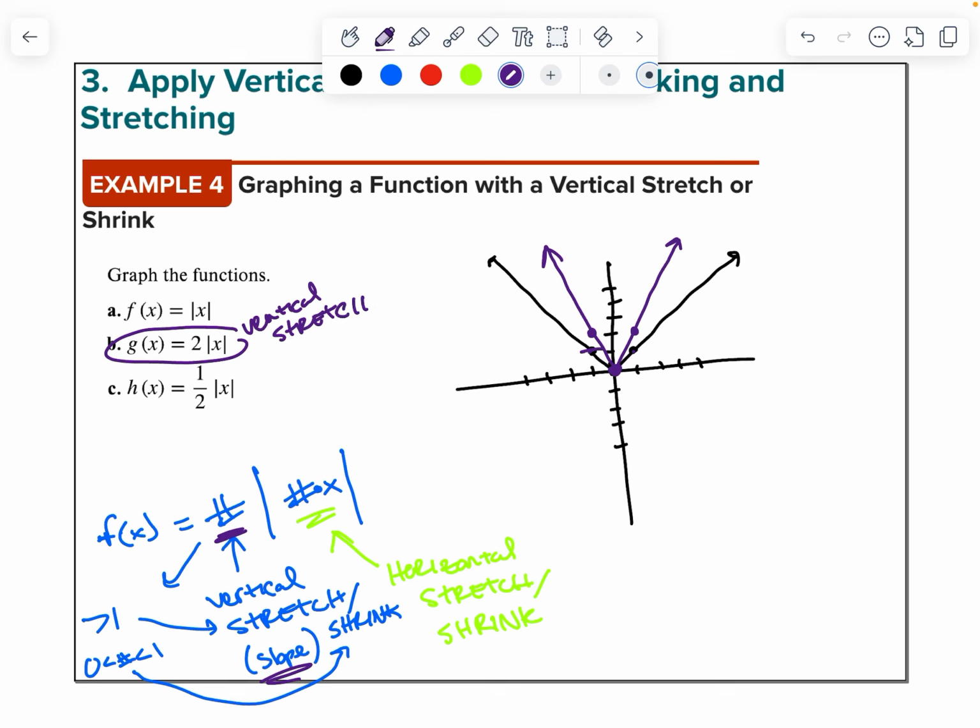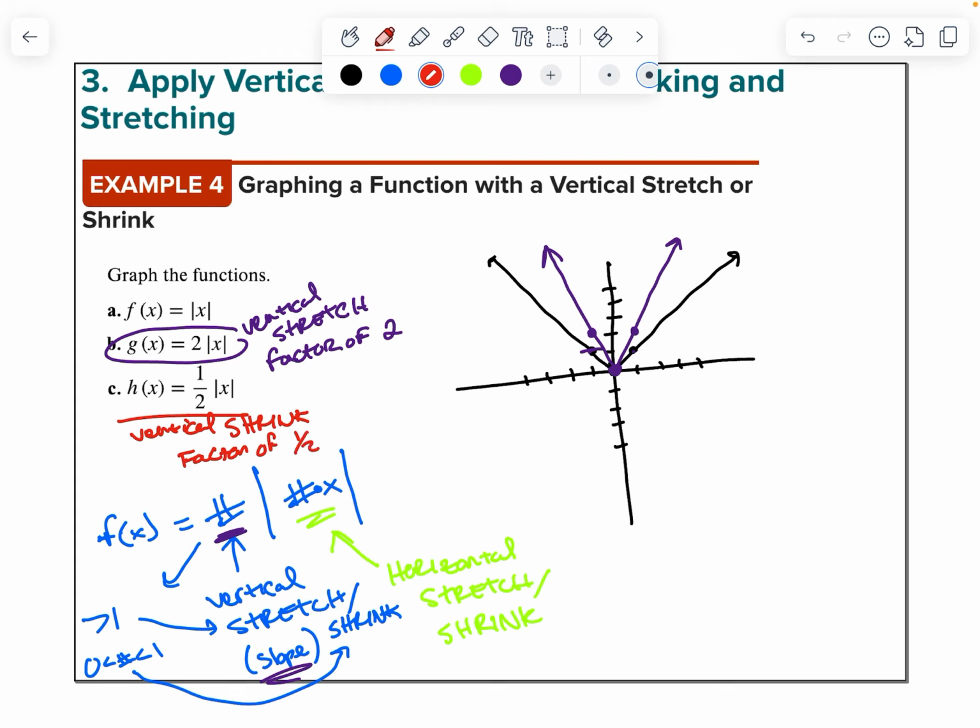And that number out there, we call it the stretch factor. So we can say this is a vertical stretch by a factor of 2. For this, we could call it a vertical shrink by a factor of 1/2.